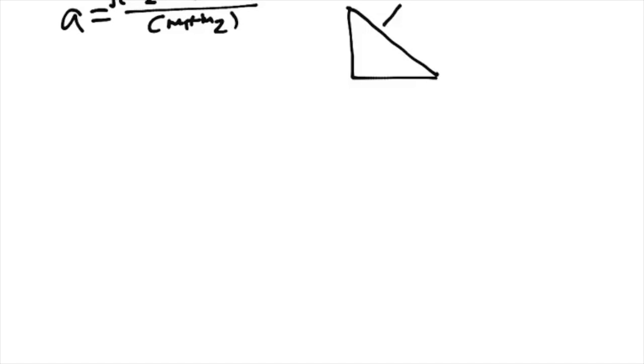Okay, so we had acceleration equals g times m2 sine theta minus m1 over m1 plus m2. And that was for this system where I've got m2 on the ramp, m1 over here.